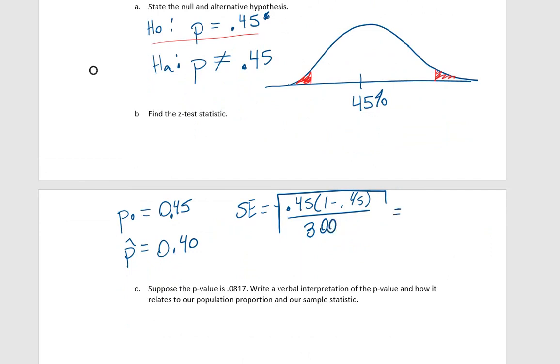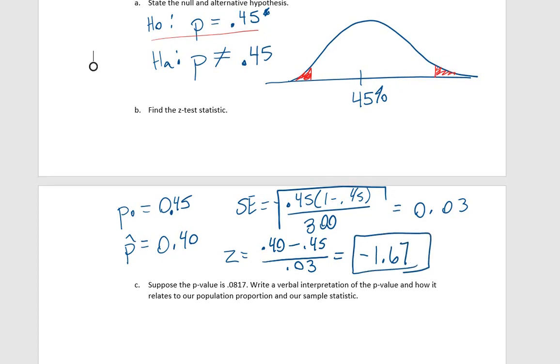Let's just go ahead and round that to 2 decimal places: 0.03. So our z-score is going to be 0.40 minus 0.45 divided by 0.03, which is going to give us negative 1.67-ish.